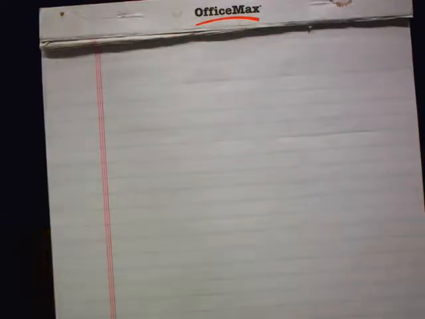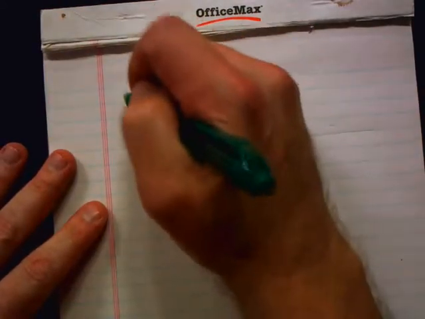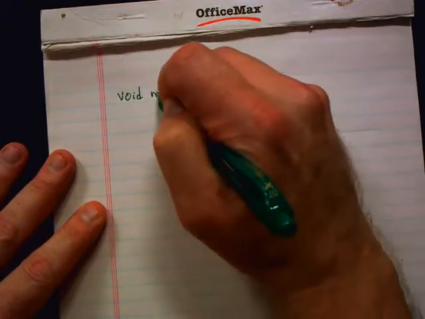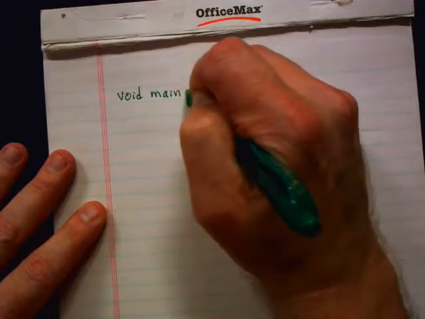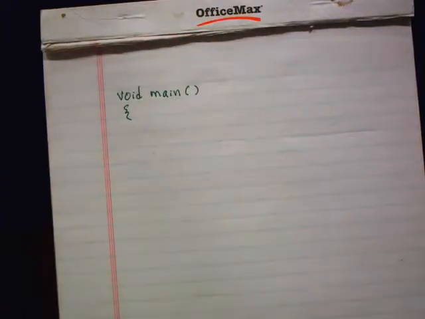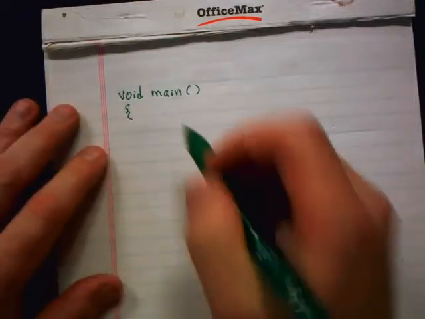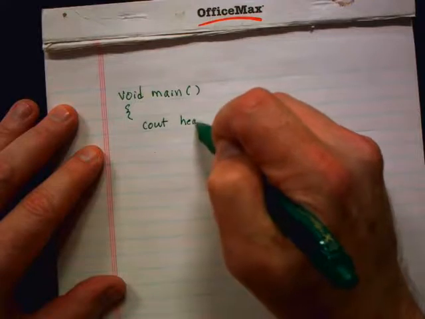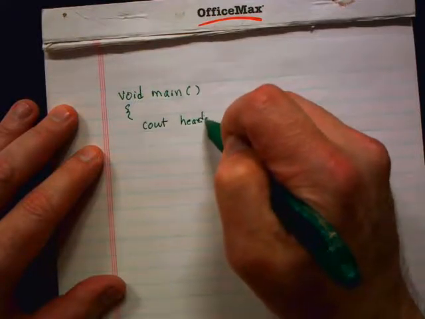So basically, in your program, I'm going to skip a few steps here. To get a program to run over and over again, you're going to have your void main, and then your parentheses stuff. At the top, you're still going to want to cout your header. I'm not going to write all the stuff you would have there.